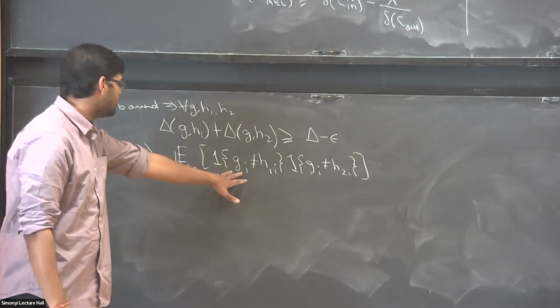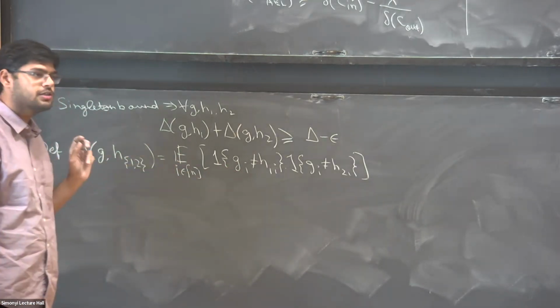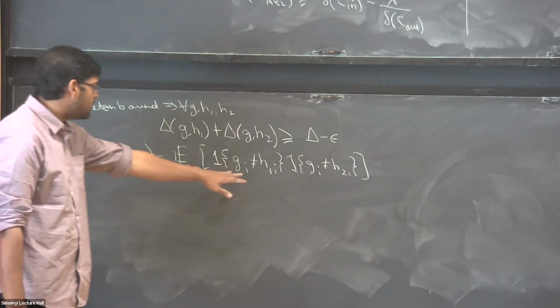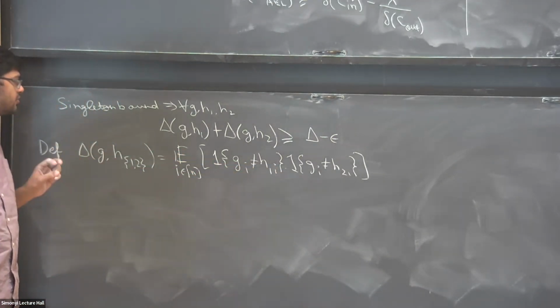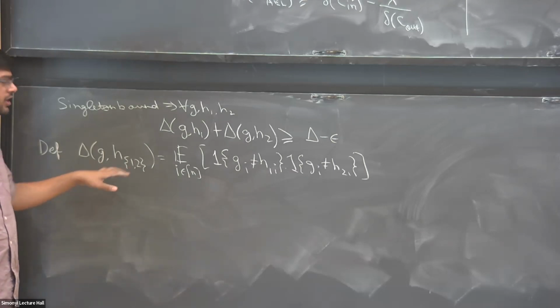so if only first term was here, the indicator of Gi not equal to H1i, this would be exactly the Hamming distance between G and H1. We're taking the product of both these indicators to say that we're counting the number of positions where both of these are errors with respect to G. So these are some common error locations.